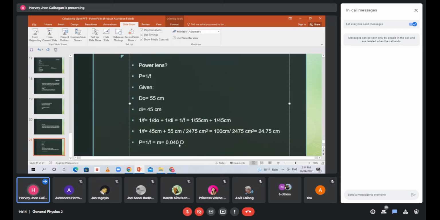If we have 24.75 divided by 100, because every 1 meter is 100 centimeter, we have 1 over 0.2475.